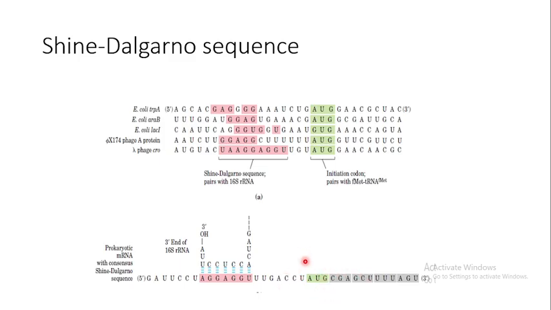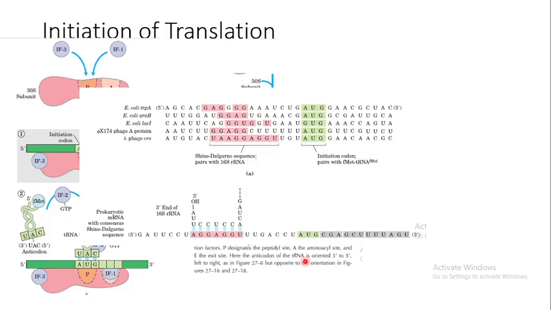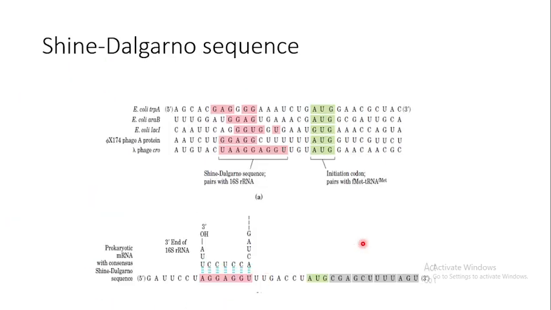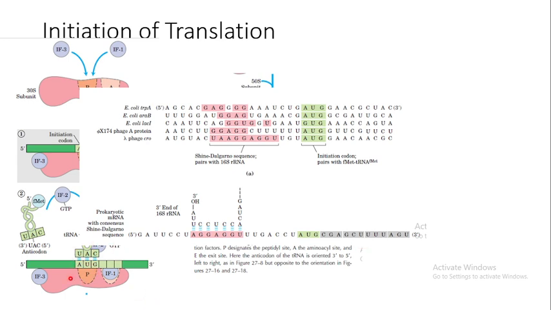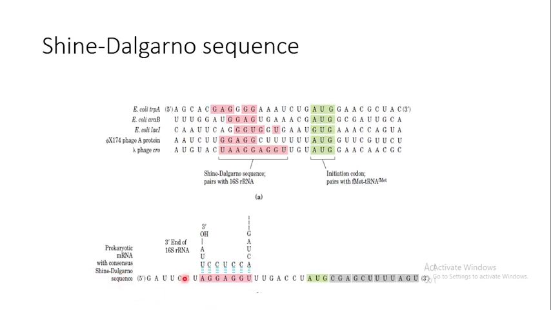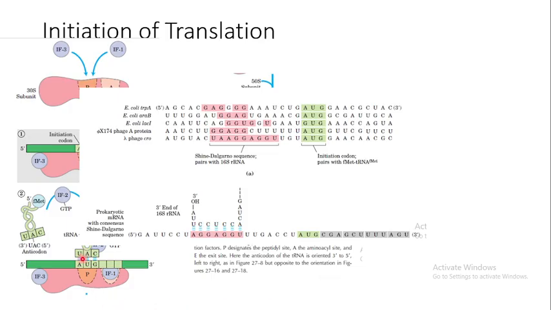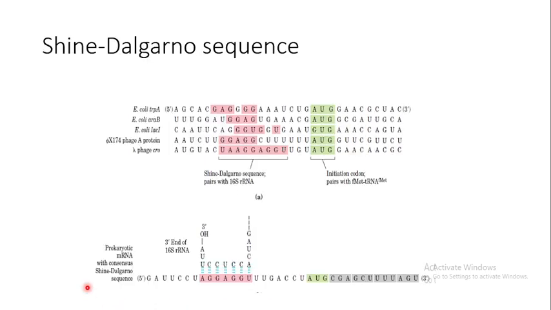So here, at the start codon, the fMet tRNA along with the amino acid will come and bind, right? So this portion will be positioned in the P site, AUG. If it can recognize the Shine-Dalgarno sequence through the 16S ribosomal RNA, then they can fit this AUG or start codon to the P site of the ribosome, right?